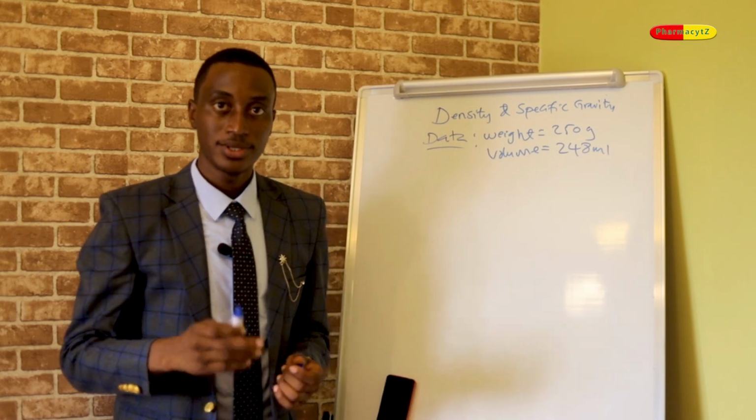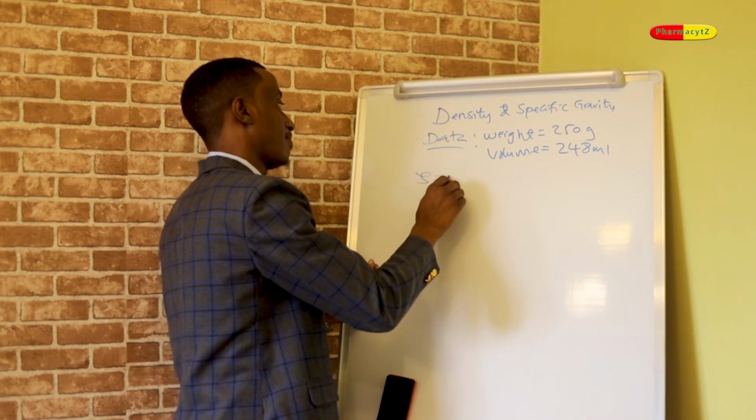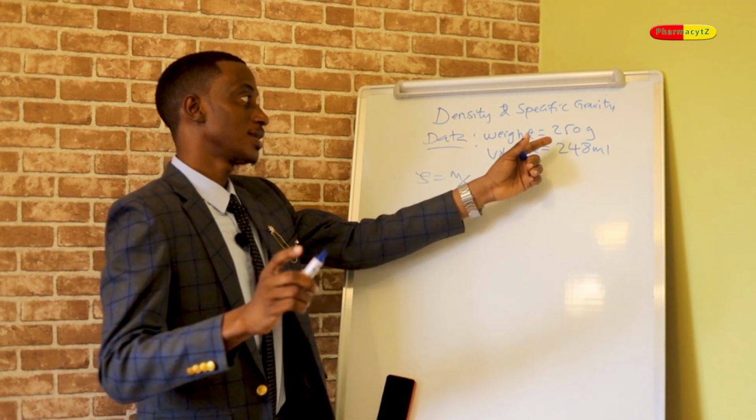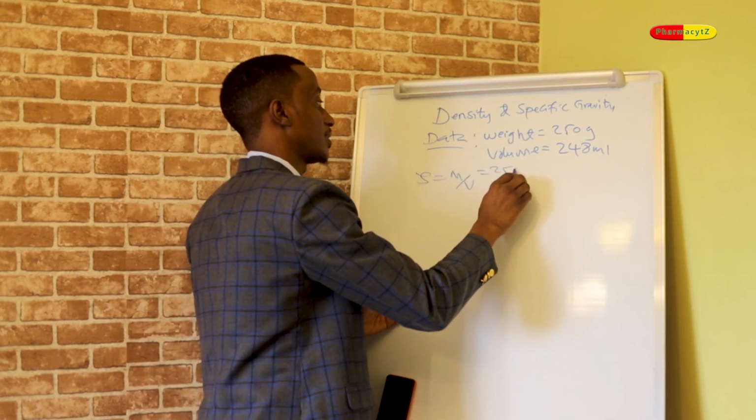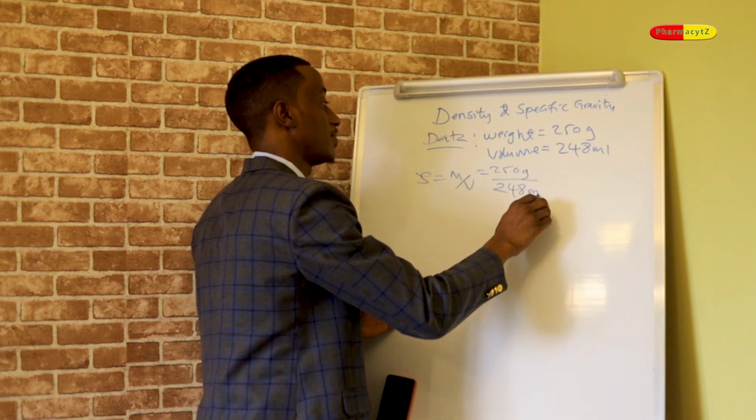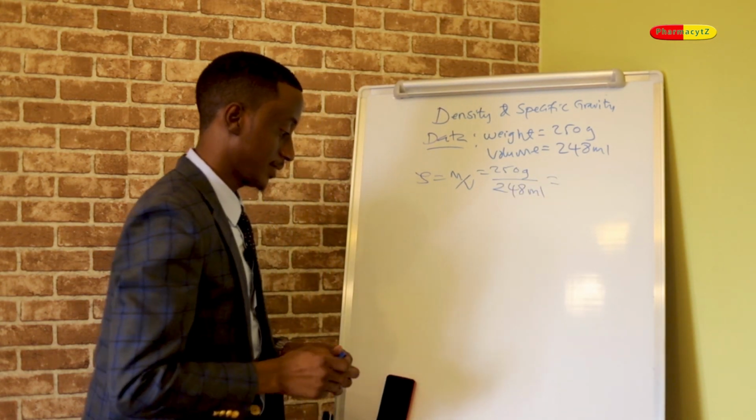So, mind you, density equals to what? Mass over volume, according to Archimedes' principle. What is the mass? This is 250 grams. Then we shall divide it by 248 mils.